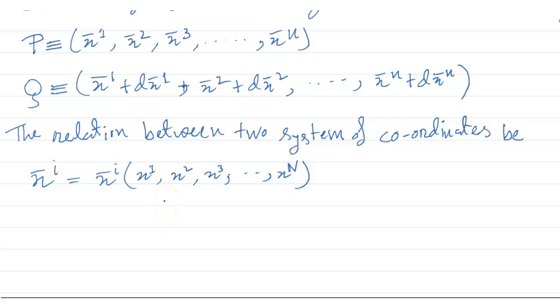This is the relationship between the barred coordinates and the unbarred coordinates.